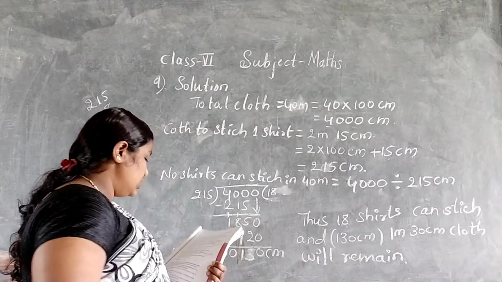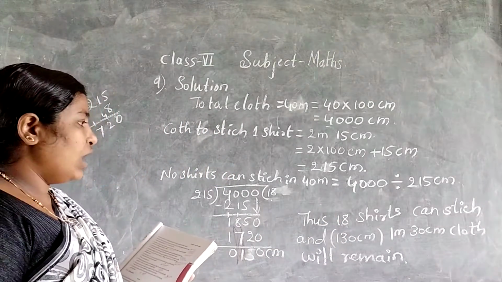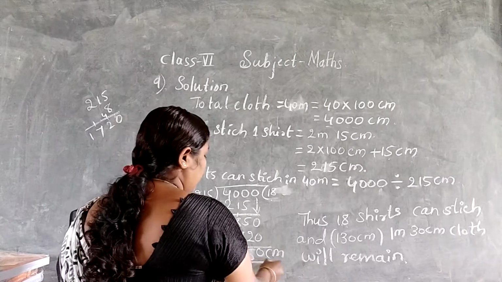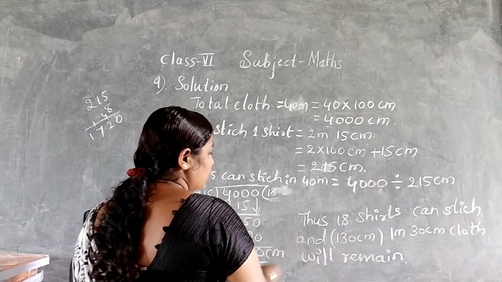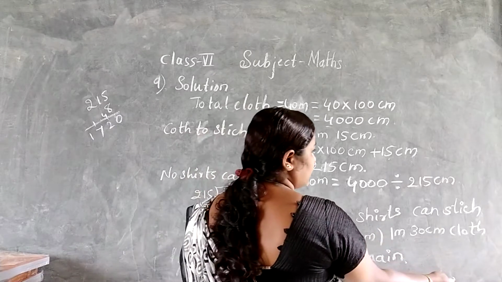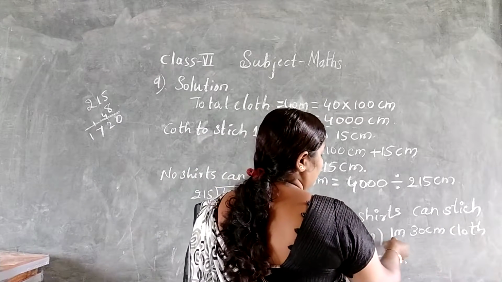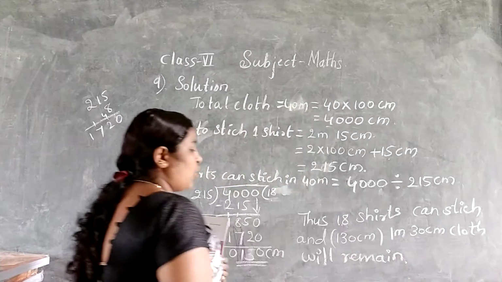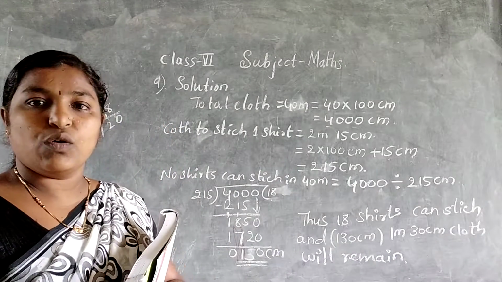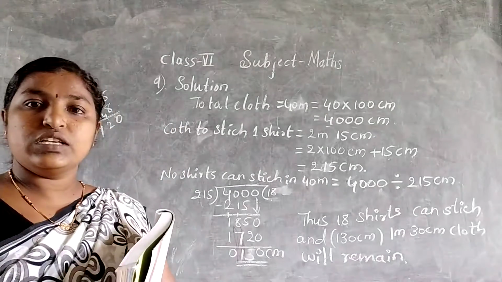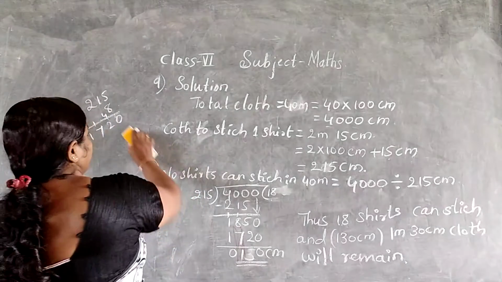So 18 shirts can be stitched, and the remainder is 130 centimeter. Converting to meter and centimeter, 1 meter 30 centimeter cloth will remain. I hope you understood this. We'll go for the next question.